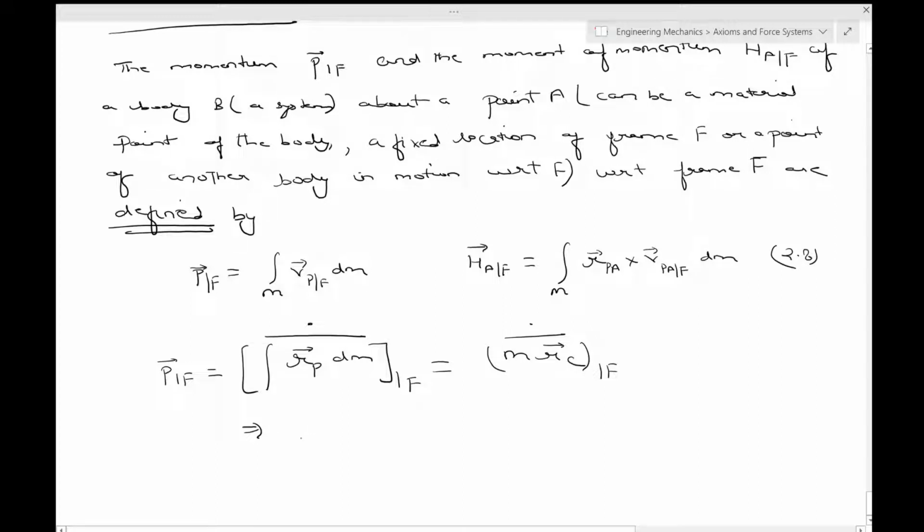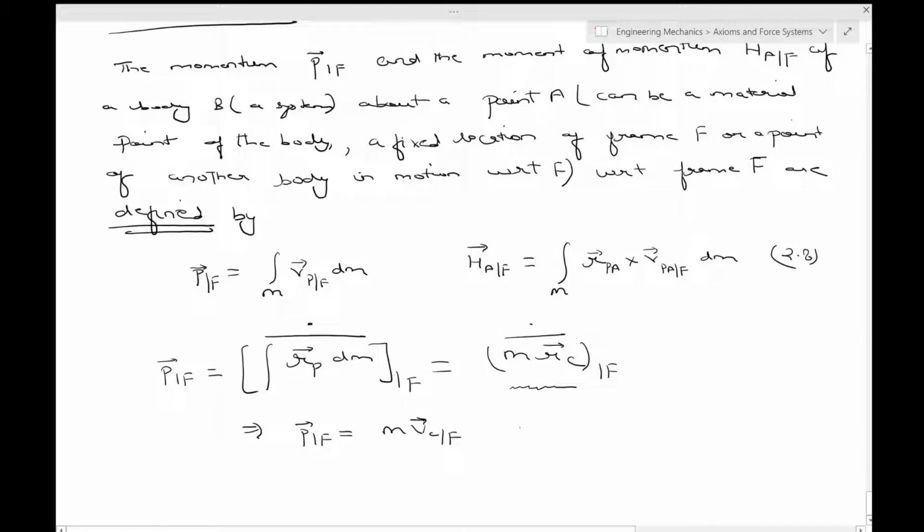Now this implies that the momentum with respect to F frame is M V_C with respect to F. The reason we can do it is that if you take a time derivative of this term, you will get M dot R_C plus R_C dot M, but M dot has to be 0 because we had defined the mass such that it is independent of the frame, so it's constant.